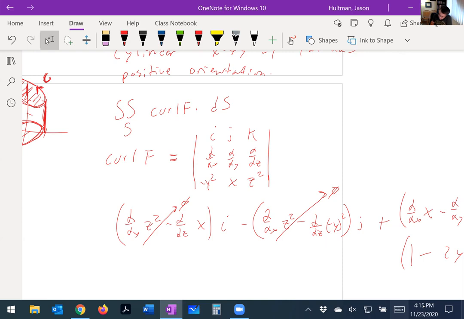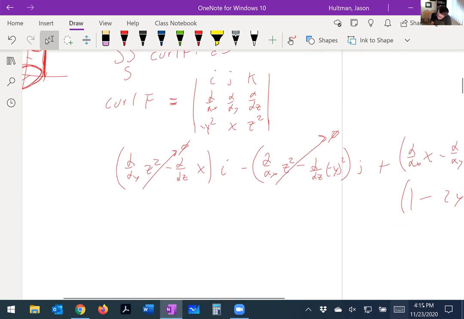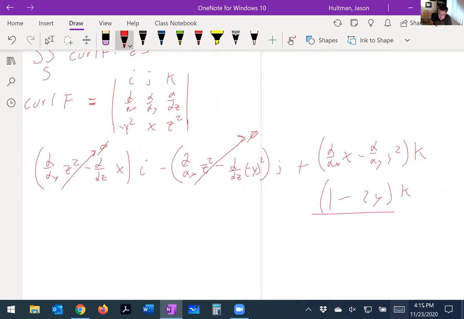Okay, so the curl of S is this thing here. Let me make sure I'm using this correctly.